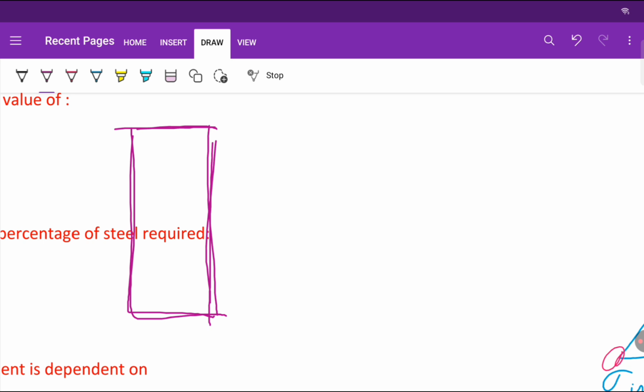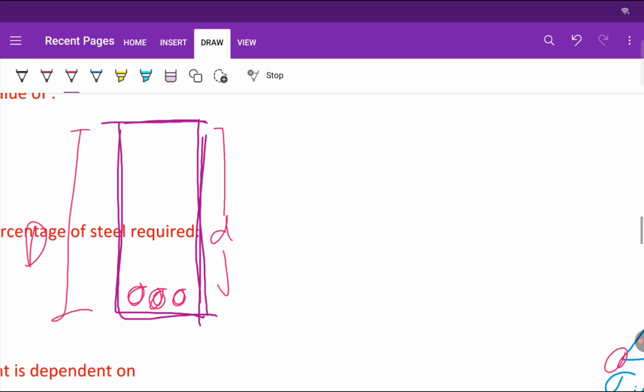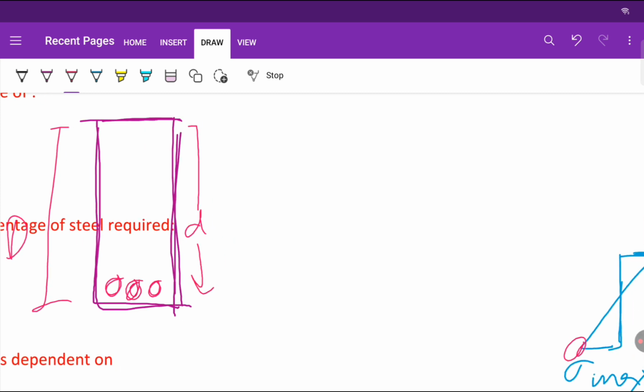If I draw the stress and strain diagram of this, let us insert some rod here. Okay, reinforcement bars, these are reinforcement bars. Here the depth is D, and this capital D is the effective depth, right? Here we assume a neutral axis.